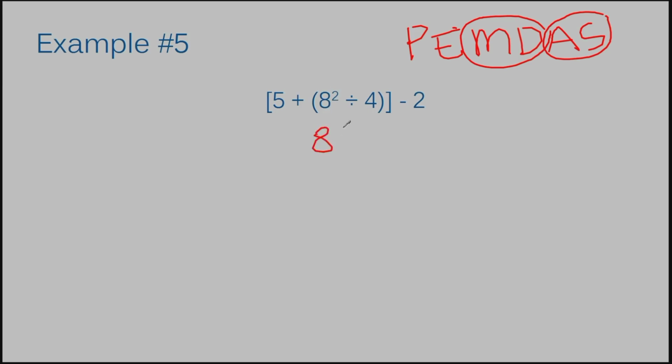8 to the second power divided by 4. Okay, so within this, do I have any parentheses? No. Do I have any exponents? I do. What's 8 times 8? 64. So you rewrite that.